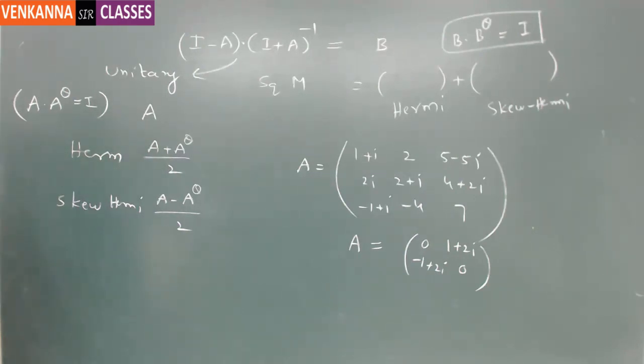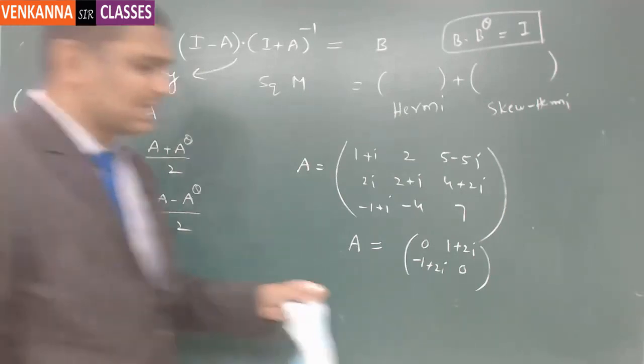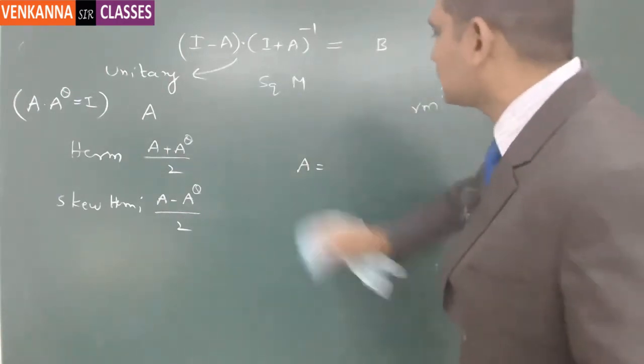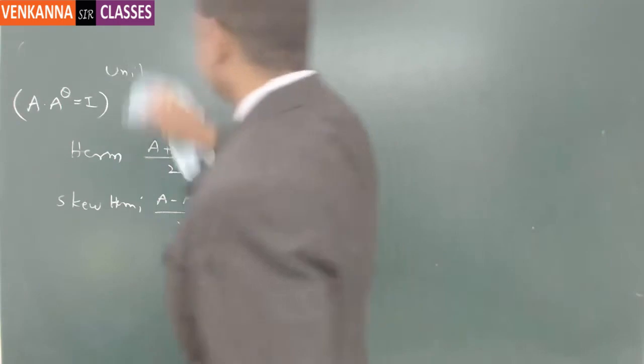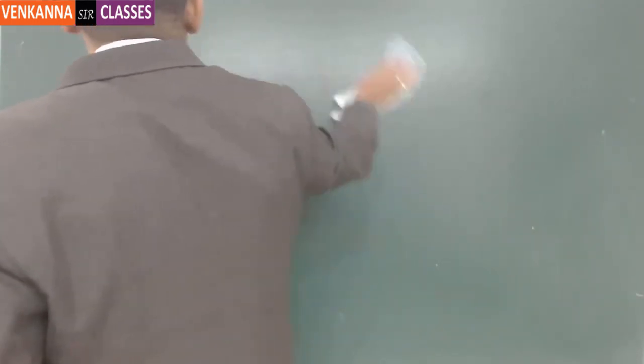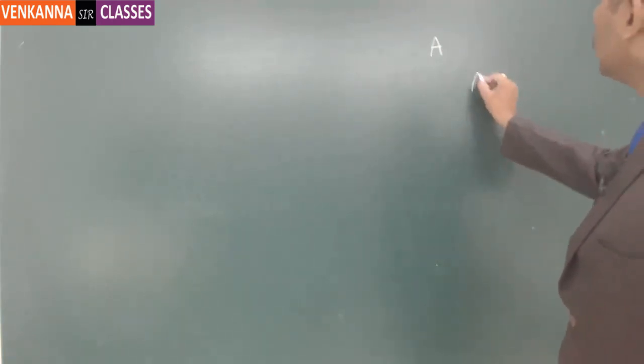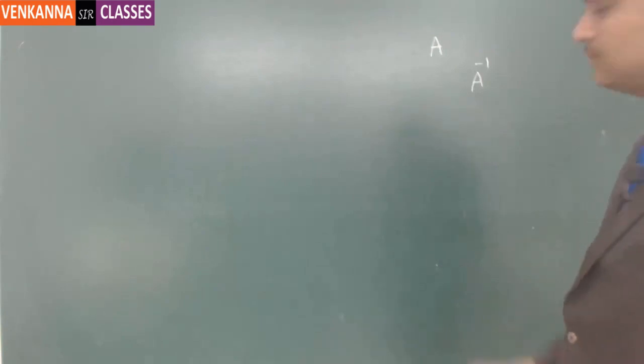Now let us go to the part of finding the inverse of a matrix. These things are already familiar to you; let us recollect them one more time. Usually we calculate the inverse for a square matrix, and there are different procedures prescribed to find it. Suppose I have taken the matrix A; we denote its inverse as A inverse.